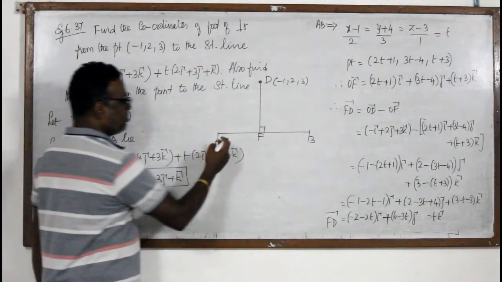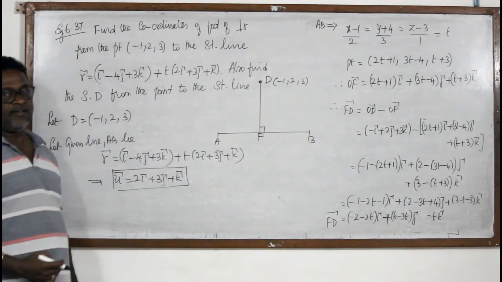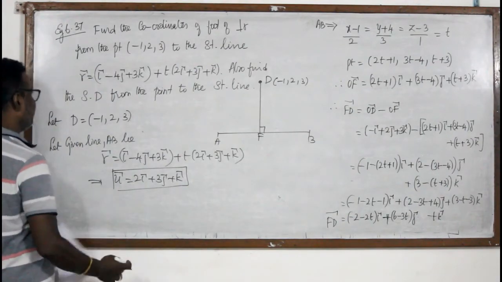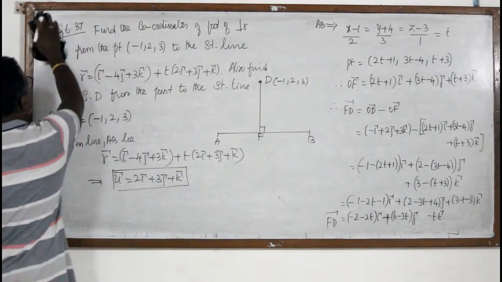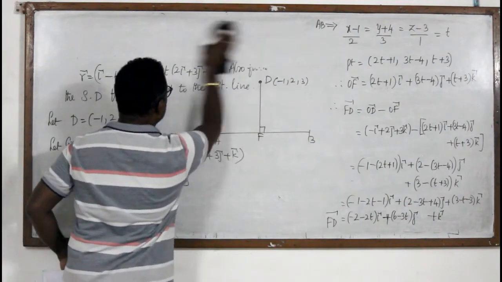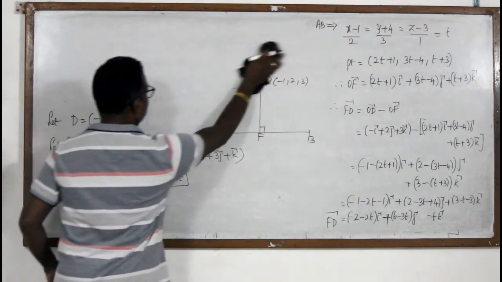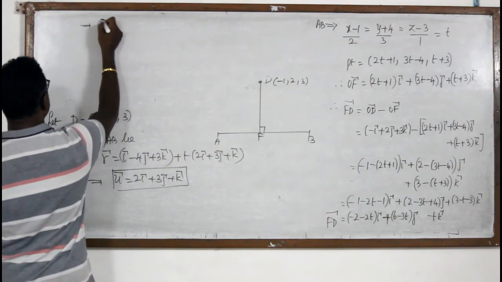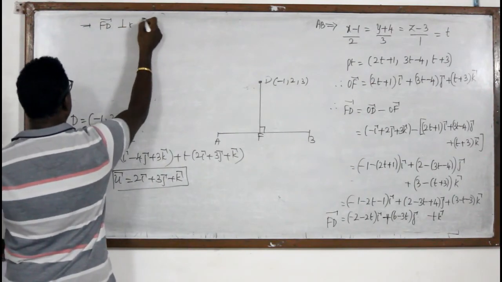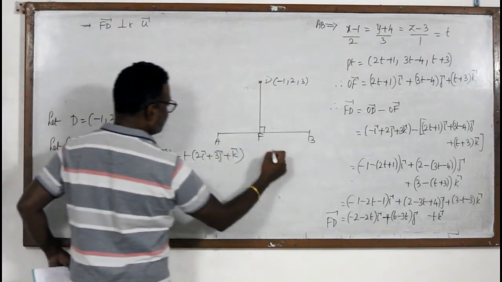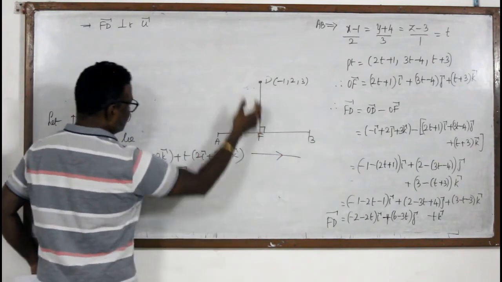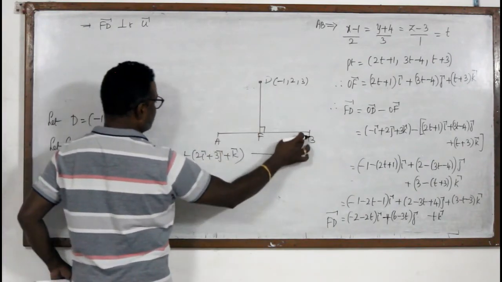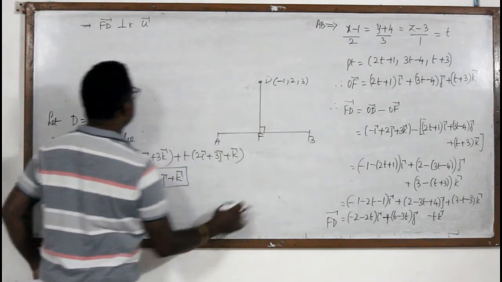Then the FD vector will be perpendicular to the parallel vector of AB, and this is the parallel vector. Therefore, the FD vector and u vector are perpendicular. The u vector is parallel to AB. So if DF is perpendicular to AB, it is perpendicular to u also.